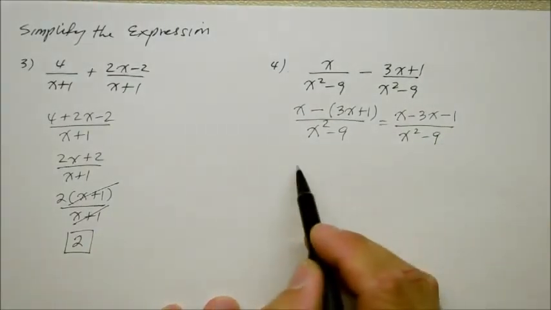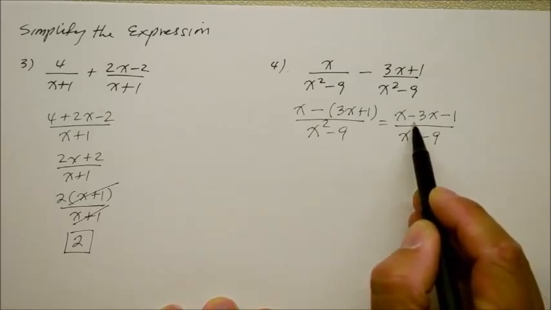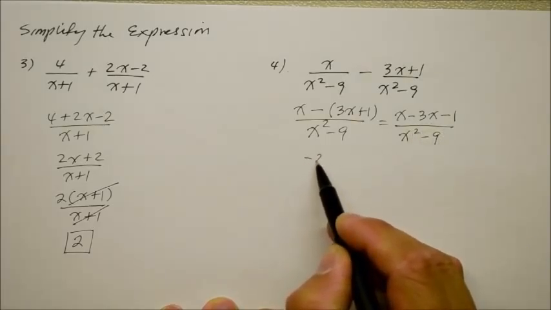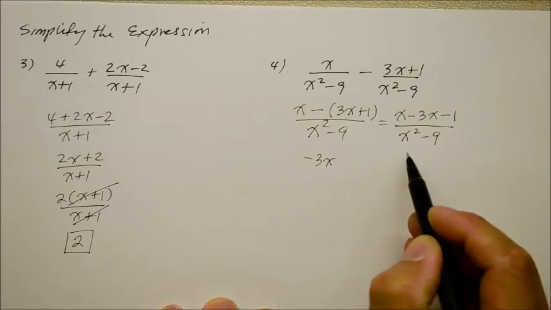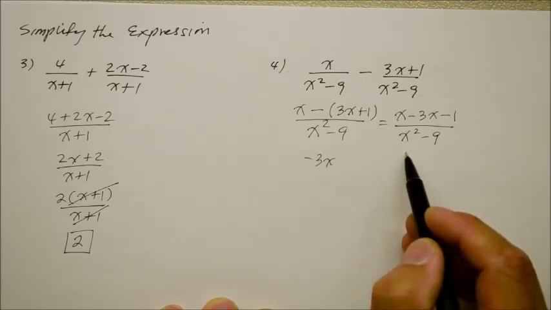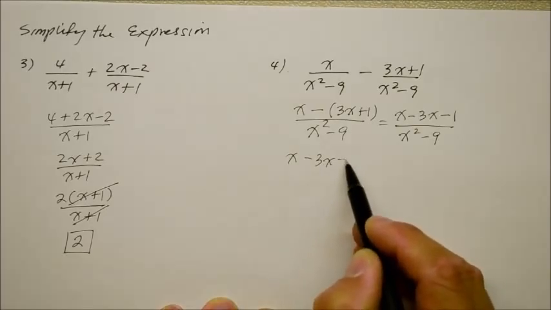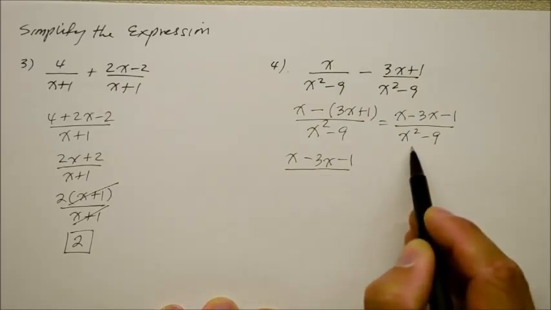Now let's take care of this simultaneously. Let's combine the like terms here. Here, let's make it easier. Here we go. We have x minus 3x minus 1. And let's factor the bottom because we know that's a special product property.